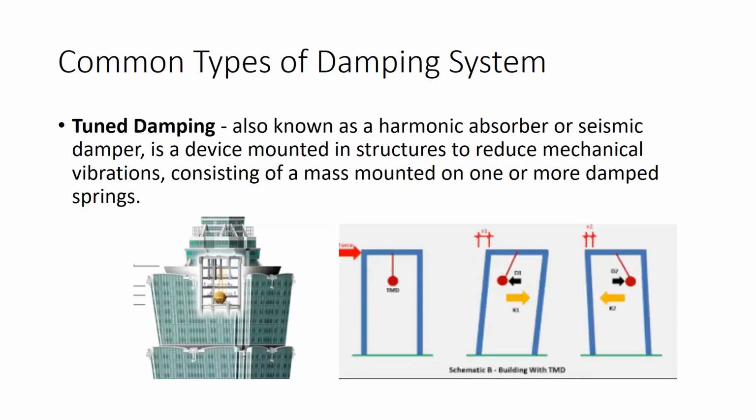The third one is tuned damping. Its oscillation frequency is tuned to be similar to the resonant frequency of the object it is mounted to and reduces the object's maximum amplitude while weighing much less than it.